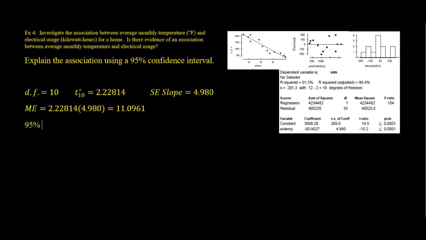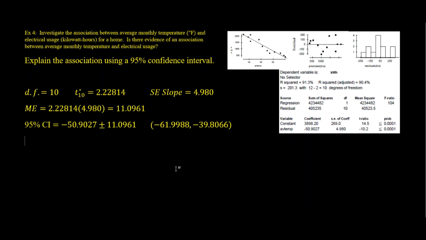Our 95% confidence interval will be negative 50.9027, our slope, plus or minus the margin of error, 11.0961, which gives us an interval of negative 61.9988 to negative 39.8066.